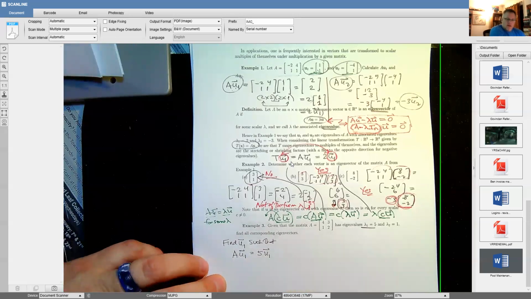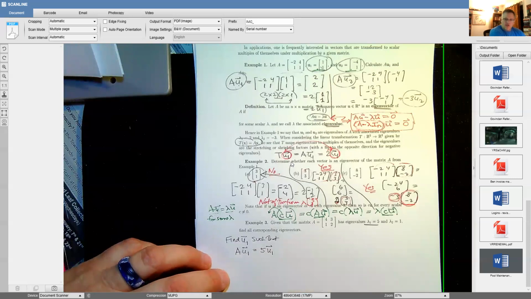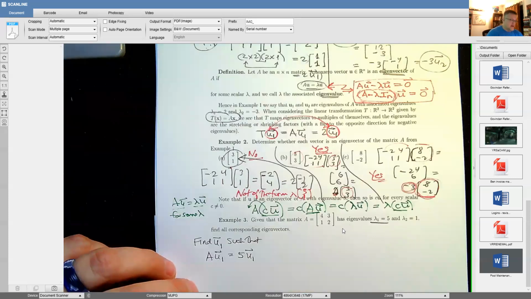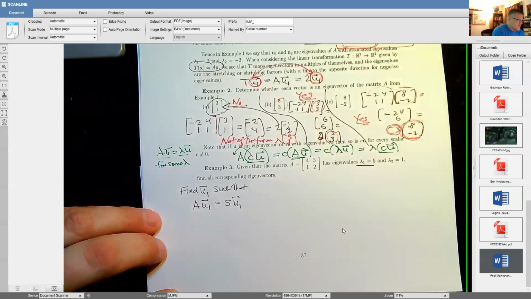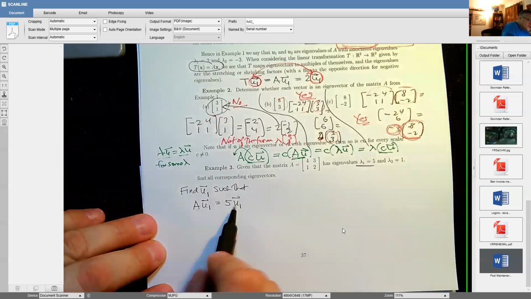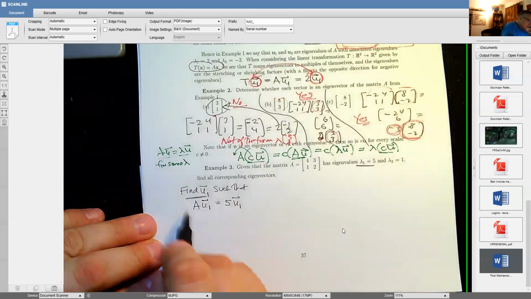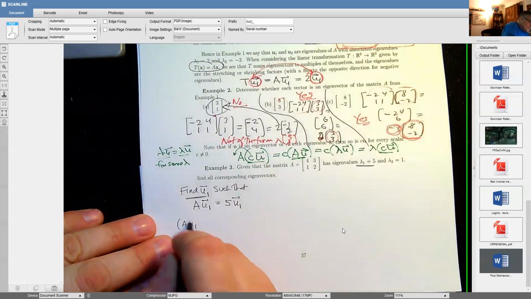So this time I'm trying to find the actual eigenvector. I'm not giving you one and asking you if it is one. I'm saying I have the eigenvalue. Now can I use that to find the eigenvector? And so here I want to find u. I'm going to take everything to the left side.